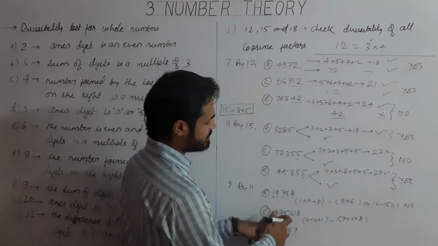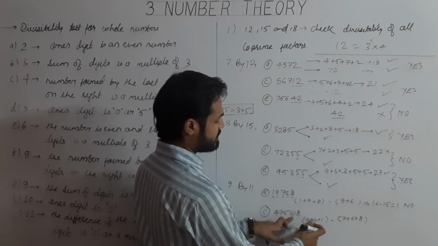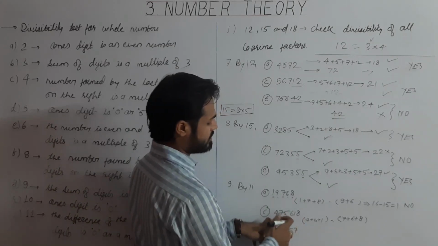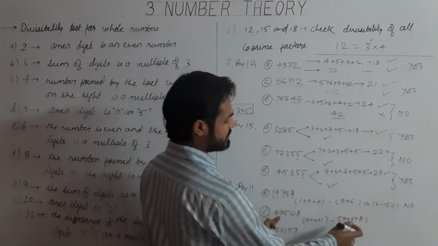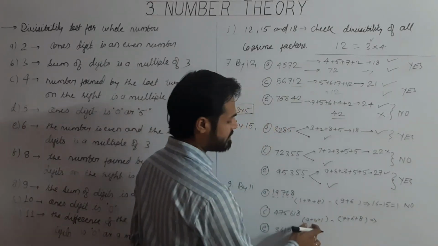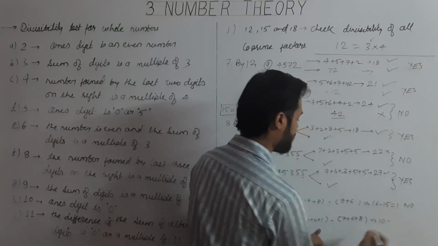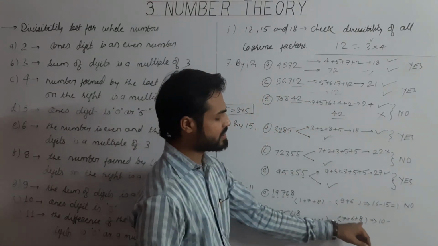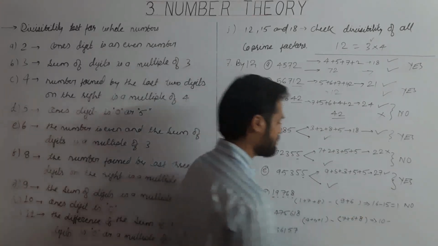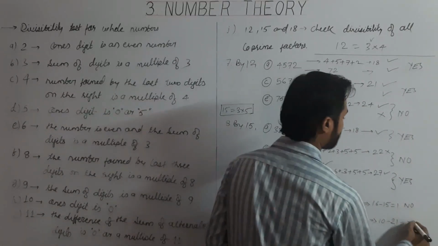So first number, then third number, then fifth number. 7, 6 and 8. Second, fourth and sixth from this side. And the difference is 4 plus 5 is 9, 9 plus 1 is 10, minus 7 plus 6 plus 8. 7 plus 6 plus 8 is 21. So 10 minus 21 is minus 11.